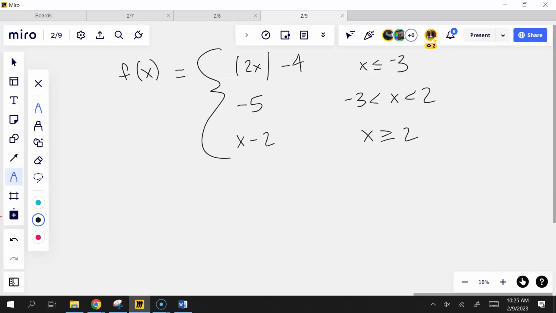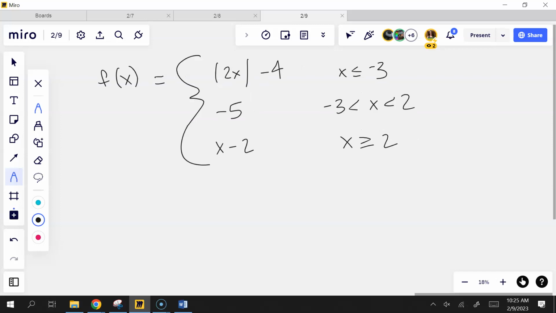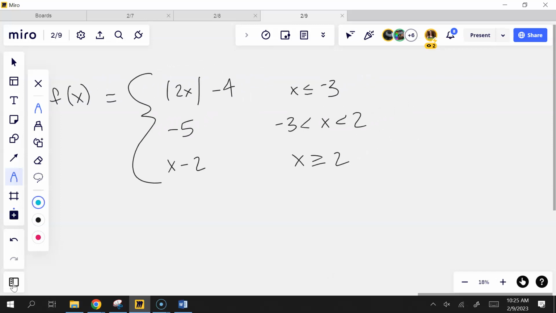All right, my first question to you is looking at the first equation. Don't look at the restrictions right now, but just from this first equation, what is the vertex? Do that on your own right now.